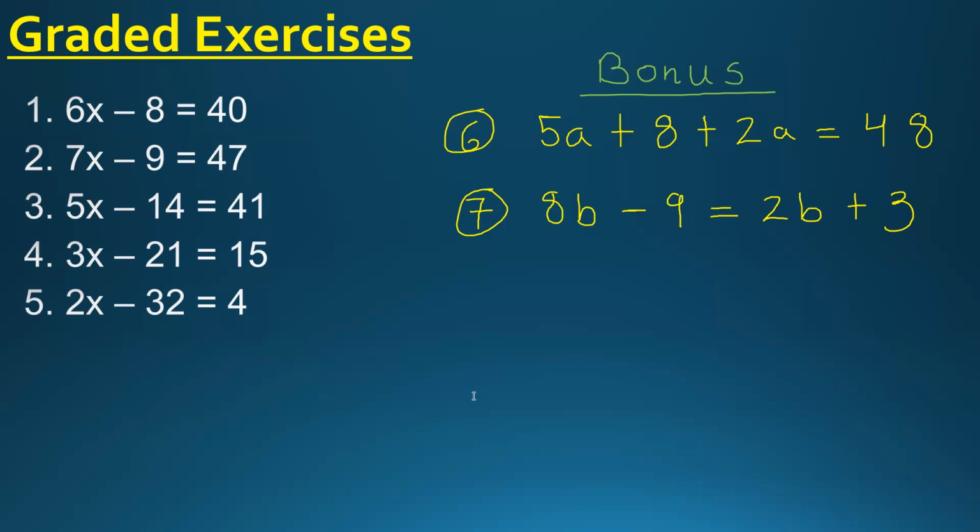Again, we have 5 of them, which is regular, and 6 and 7 are bonus. Once you finish with them, take a picture of it and send it to me via WhatsApp.